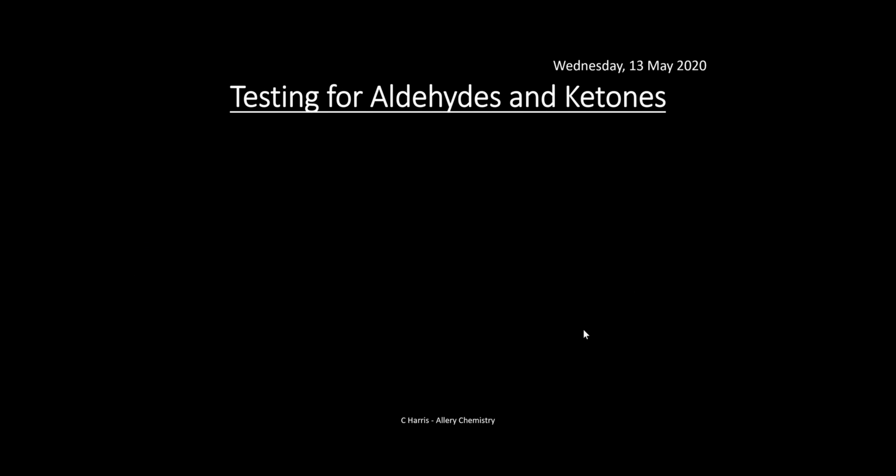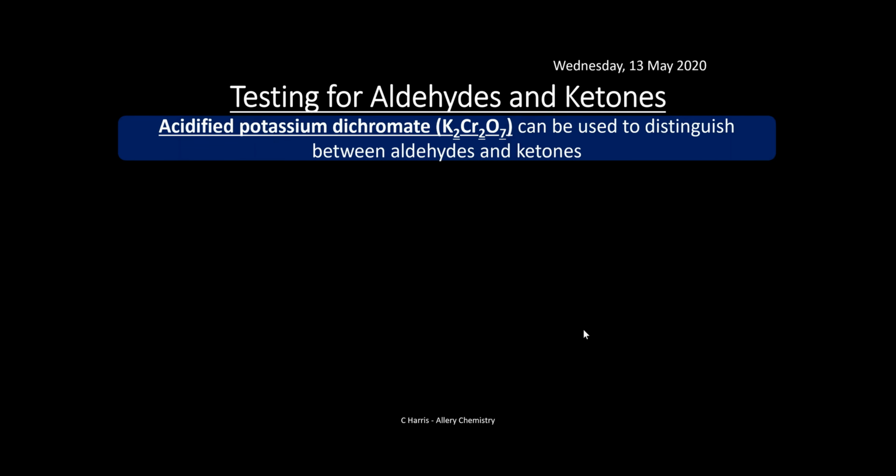Okay. So how do we test for aldehydes and ketones? Well, we can add acidified potassium dichromate, and you would have seen chromium chemistry in the transition metals topic. If you want to know a little bit more about chromium and how it's got loads of vibrant colours, such as Cr2+ and Cr3+, your dichromate and your chromium ion as well, then have a look at that topic.